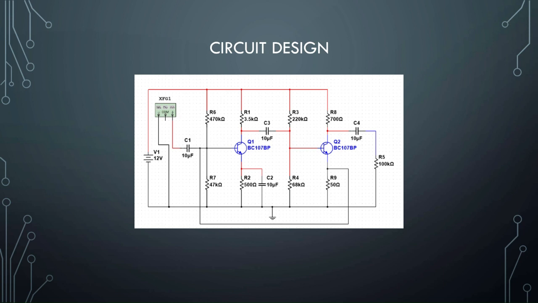For the input signal, it is applied to the base terminal of the transistor through a coupling capacitor, which blocks any DC bias from the input source. The input signal modulates the base emitter junction, causing variation in the base current.